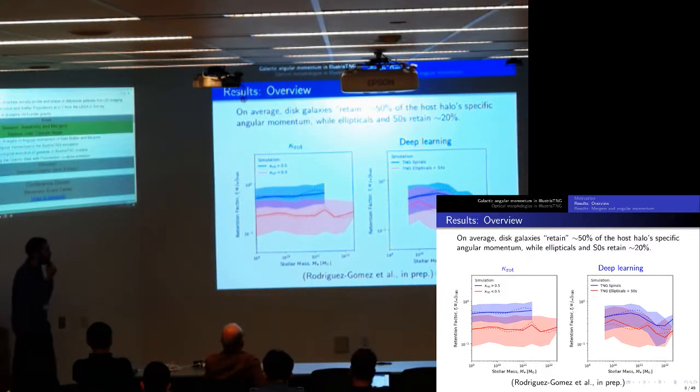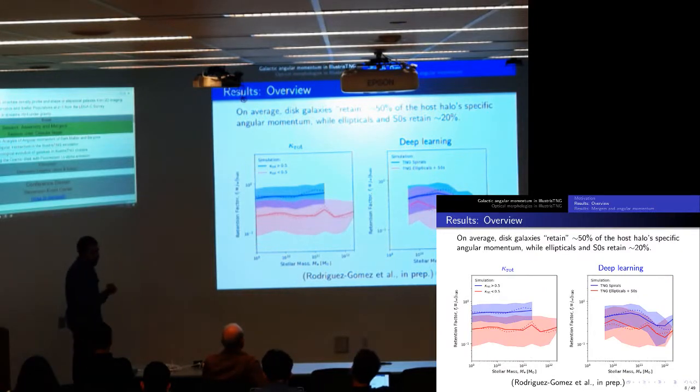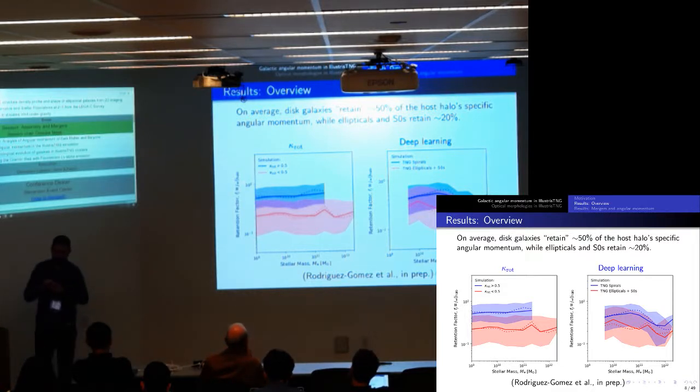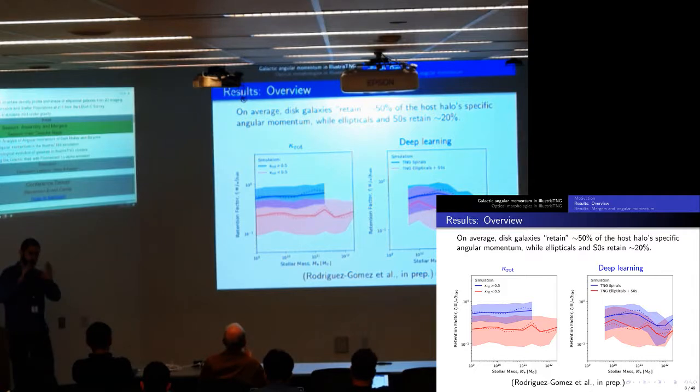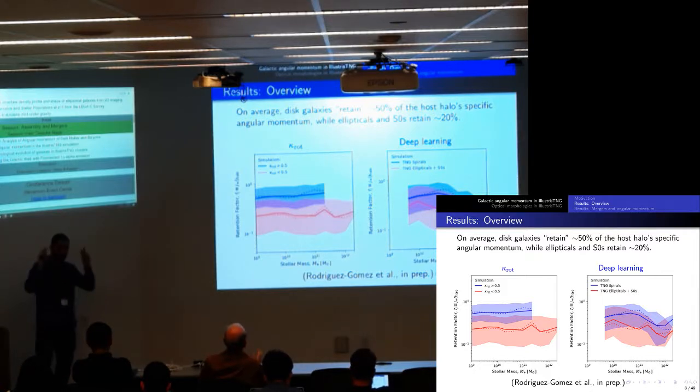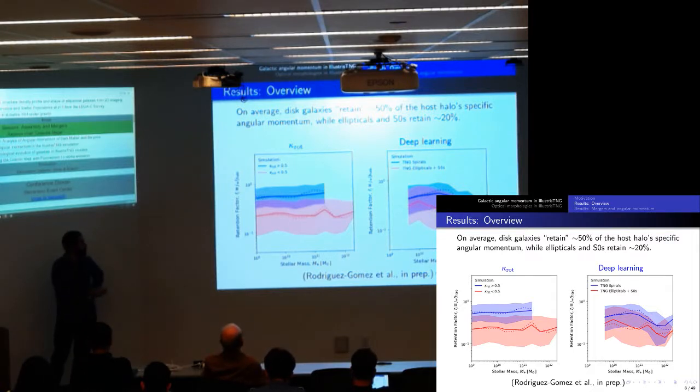A very closely related quantity, which I also mentioned, is the retention factor. This is the fraction of the halo's specific angular momentum that is retained by the galaxy itself. Shai mentioned that traditionally this factor is believed to be around 80% for disks and around 10% for spheroids.